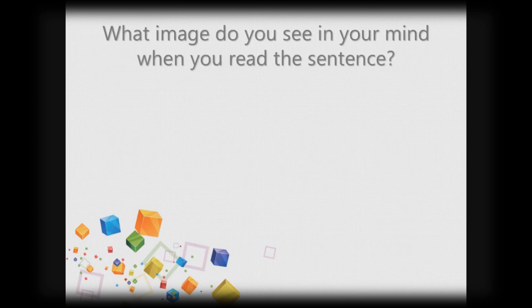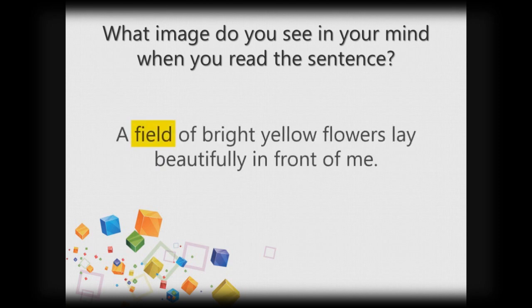Perfect! Next question. What image do you see in your mind when you read the sentence? A field of bright yellow flowers lay beautifully in front of me. I'll give you 30 seconds to think and close your eyes to imagine the image.